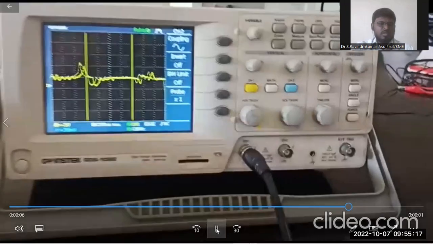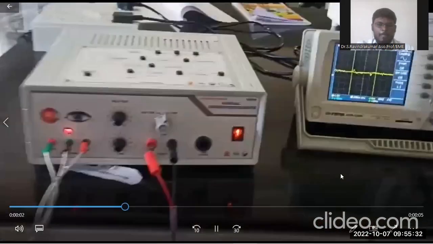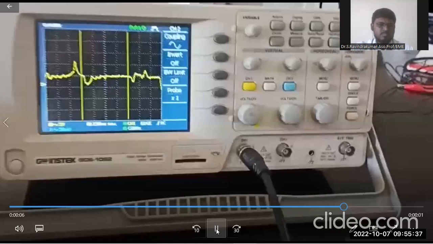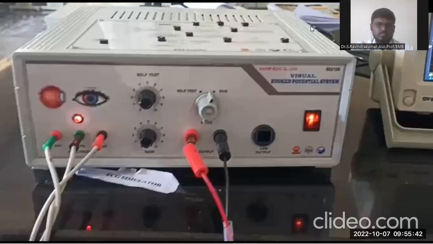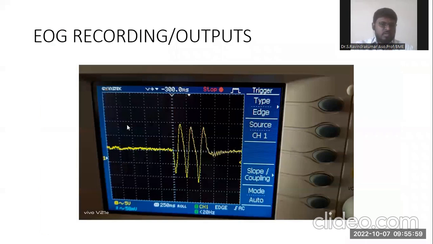Whenever the person blinks the eye, you can see the signal goes higher. That is the recording setup, and after the recording you can see the blinking of the eyes. Here we made the person blink rapidly.